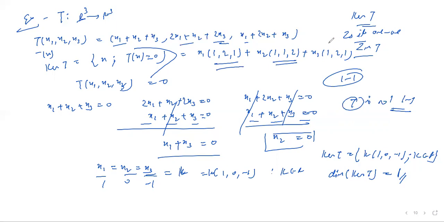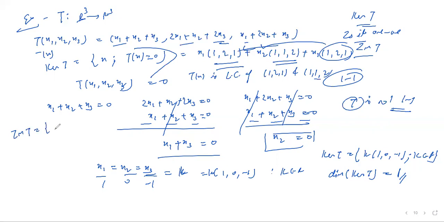Here these two vectors are the same, (1, 2, 1) and (1, 2, 1). So the image of T is generated by L1 times (1, 2, 1) plus L2 times (1, 1, 2). These are my image vectors, and the dimension of these image vectors is 2, as there are two vectors in this.